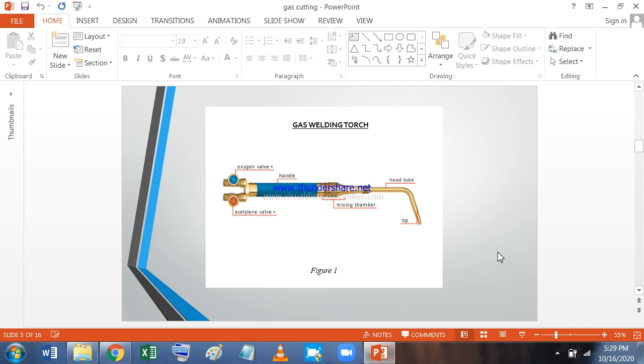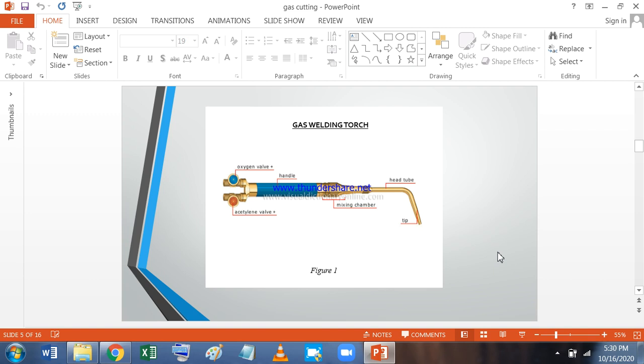Now you see the blue handle, that is where the operator or the welder is holding the torch. Now at the left hand side there are two pipe connections with two rotary valves fitted on them. These two pipe connections will carry oxygen and the fuel gas, which is either LPG or acetylene.